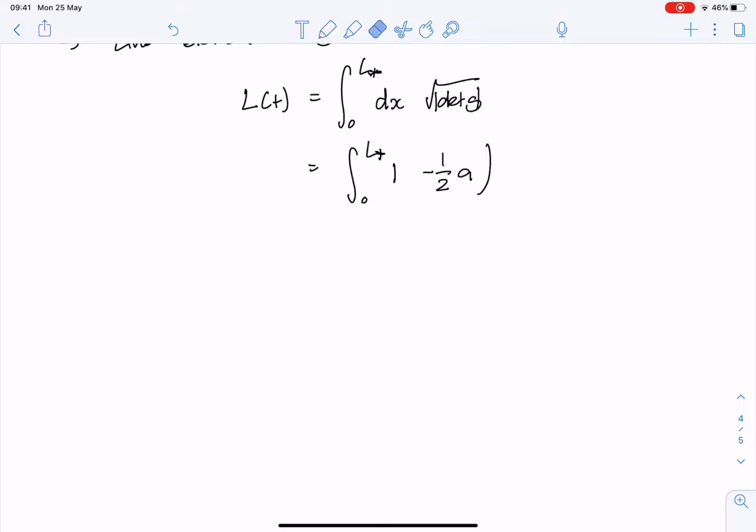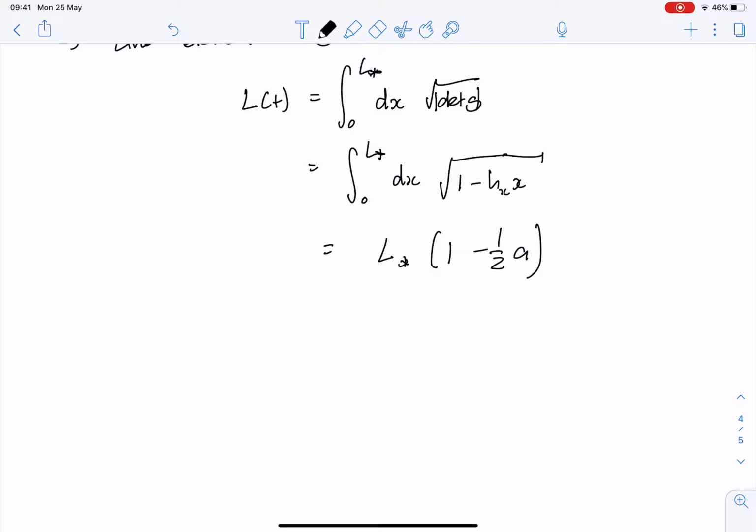Oops, sorry. Skipping a step here. One minus a half a.